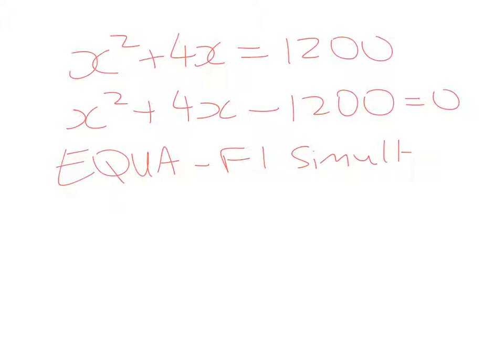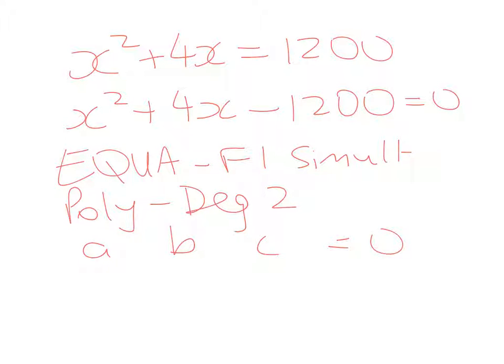So we're going to polynomial degree 2. Right, and we put in our A, B, and C, and it has to be in the format equals 0. So 1, 4, and negative 1200 equals 0. If you're in my class, you will know my deep loathing of graphics calculators when they're used to substitute for your brain. But in this case, it's quite good.